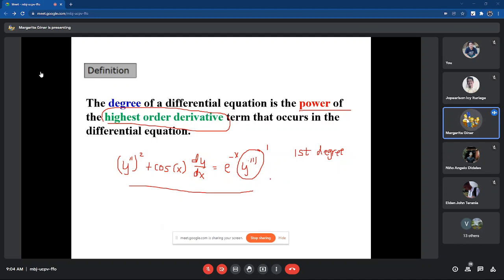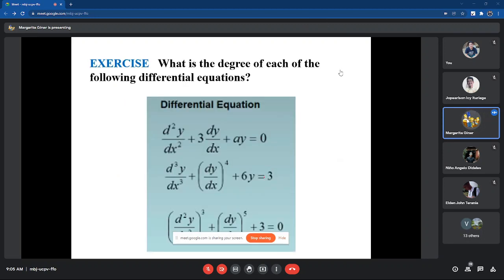Okay, that's for the degree. Take note of the difference between the other example or the other definition. So, what is the degree of each of the following differential equations? For the first example, the highest degree here is first degree.